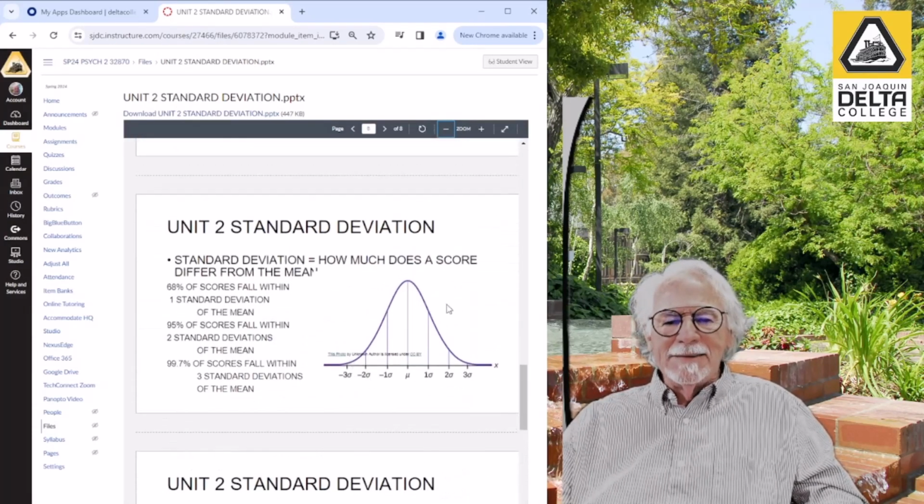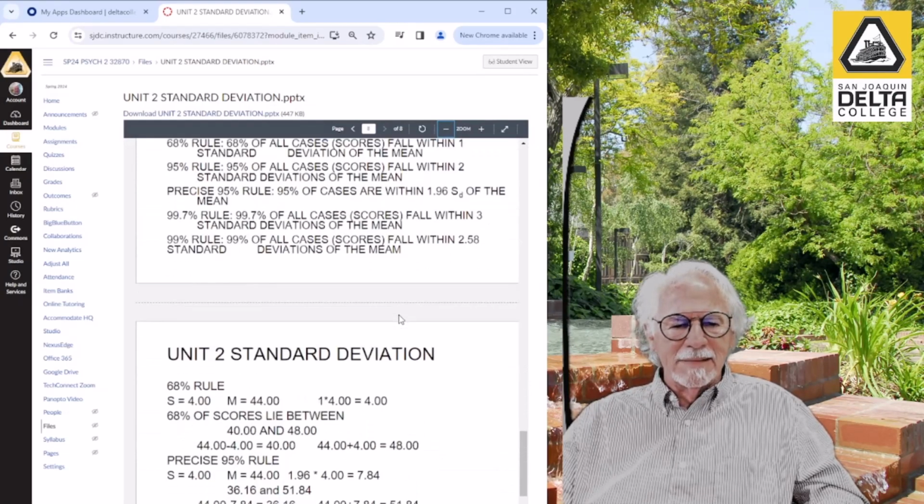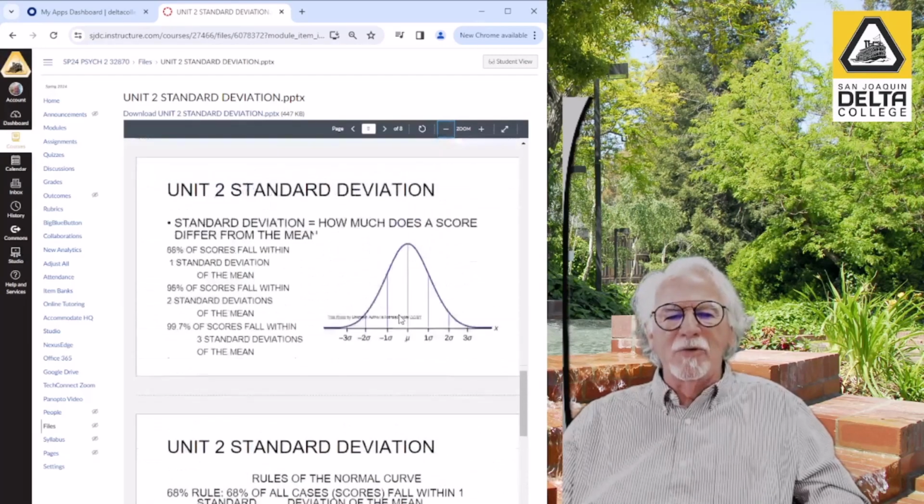So if I go back here, this is my curve, here's my mean. Let's just say the mean is 44. I'm sorry, the mean is 44.